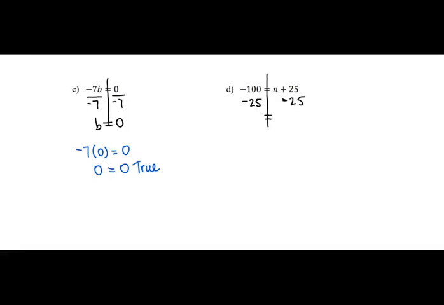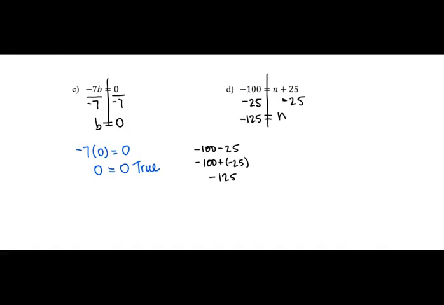On the right side, I will have the n, because 25 minus 25 is a 0. On the left side, what I have is -100 minus 25, right? So I'm going to insert the plus sign in there. I have -100 plus -25, and that would be -125.